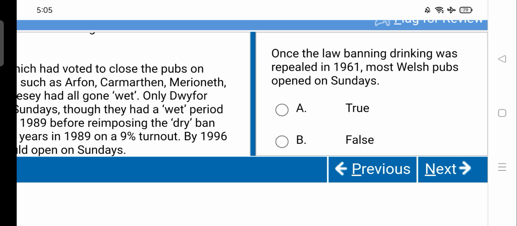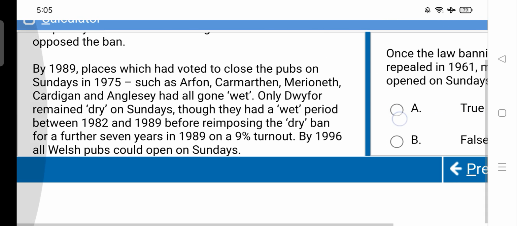Then you can select the right option. So first we have: once the law banning drinking was repealed in 1961, most Welsh pubs opened on Sundays. So the statement is given and you have to tell whether it is true, false or you just can't tell. And you can find the right option from these paragraphs.